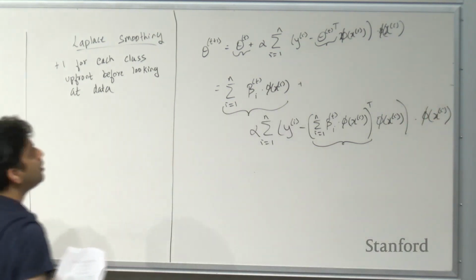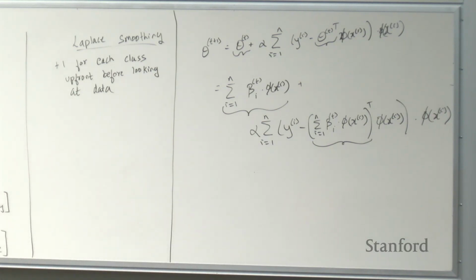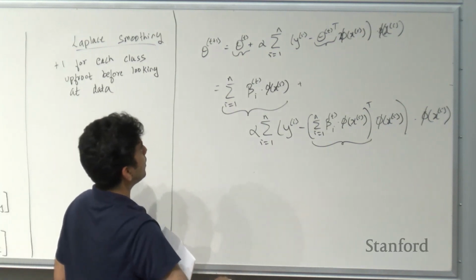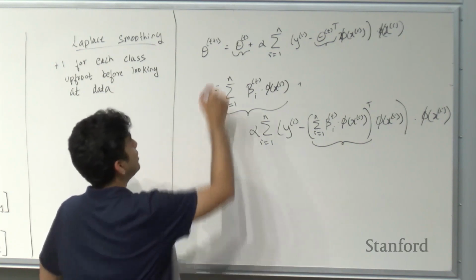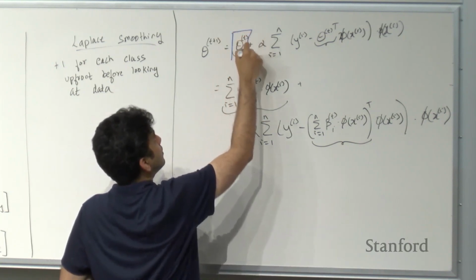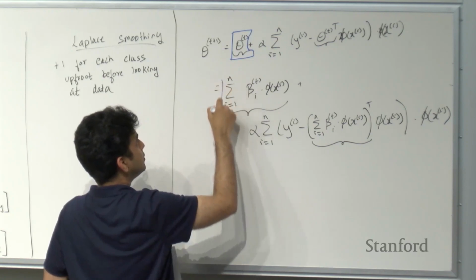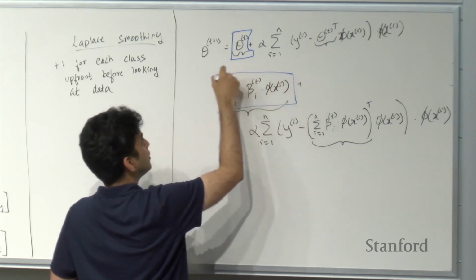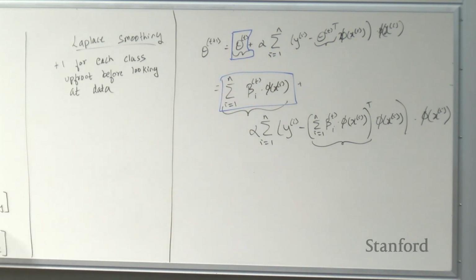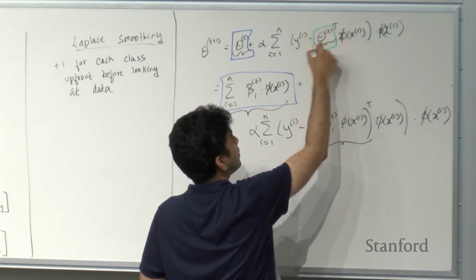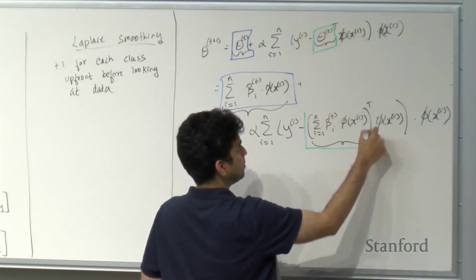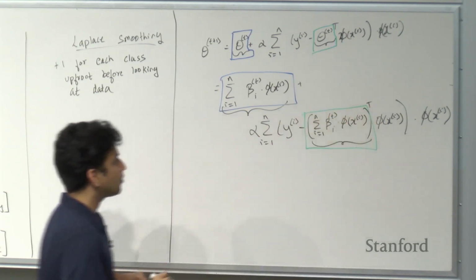Maybe I can use a few different colors to highlight this. So what we did is, this is theta t, and this is the other theta t.